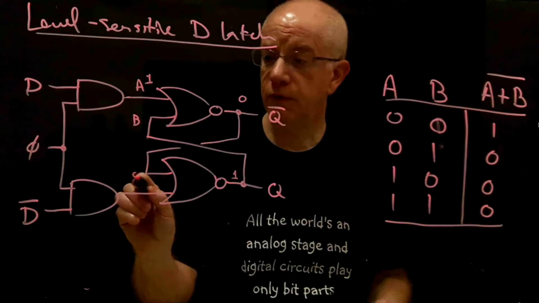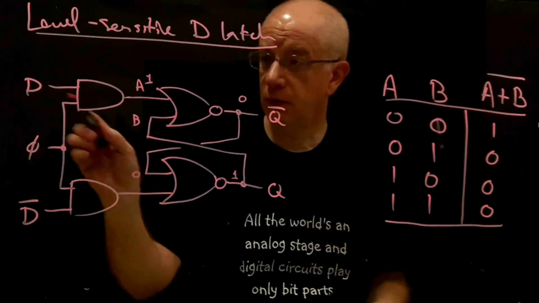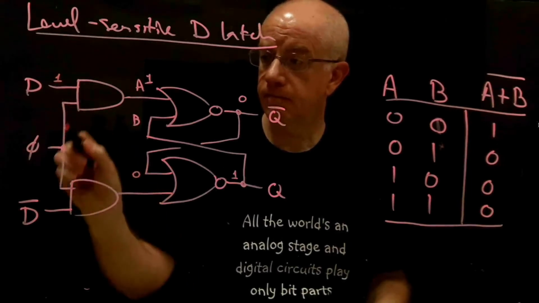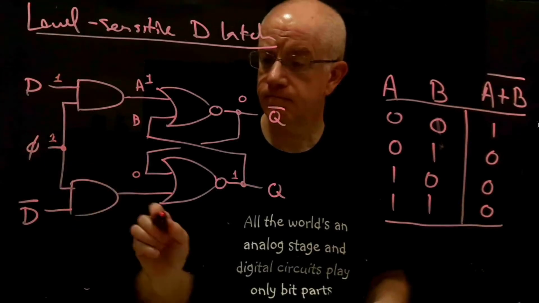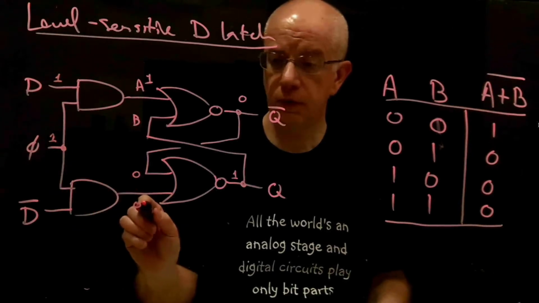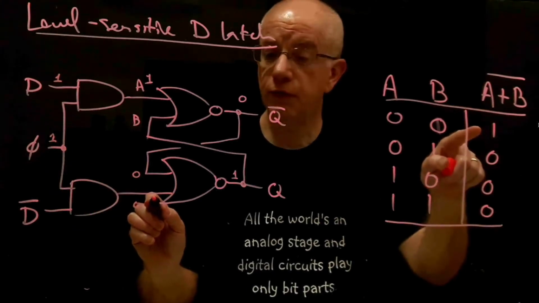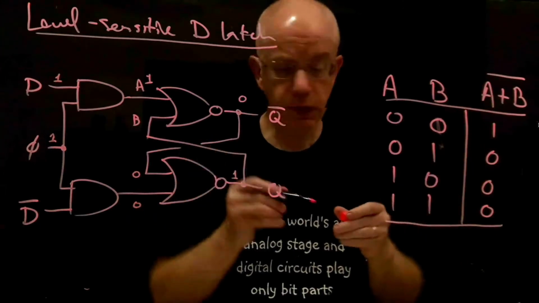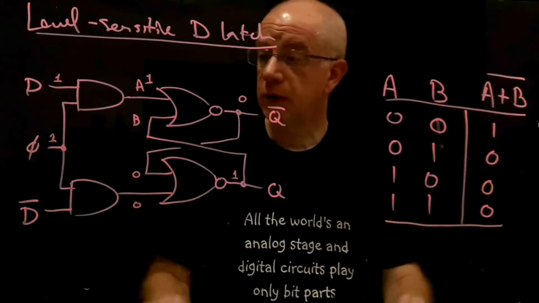Because this would be 0, and D bar would be 0 if D is 1. And so this would be a 0, 0, and that row makes this a 1. So this is the correct labeling of the outputs.